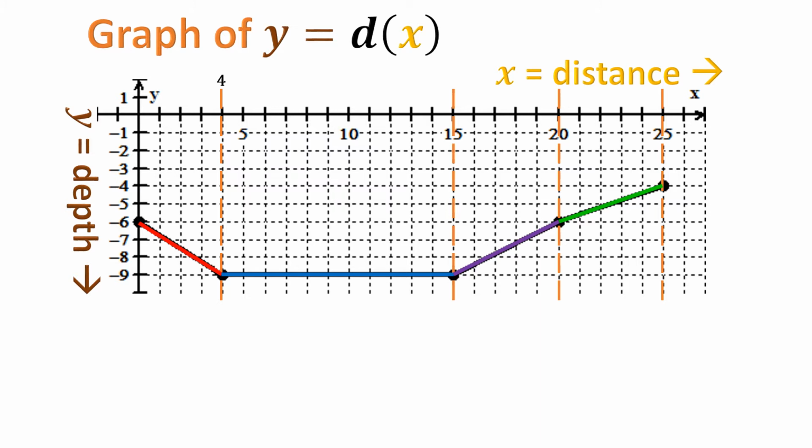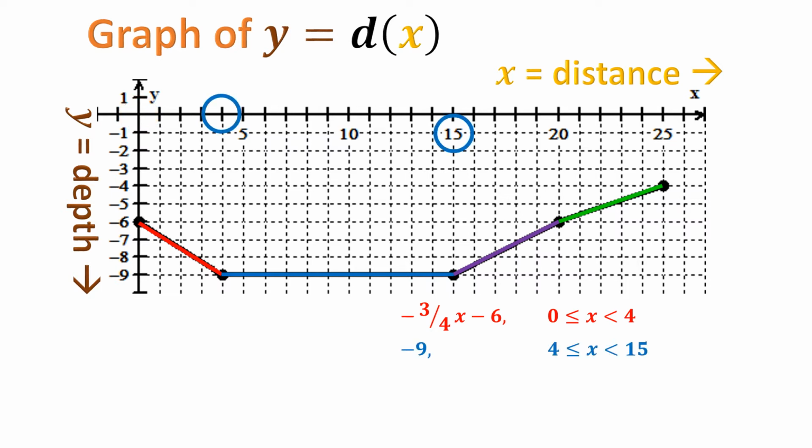So now we can assemble these four pieces into a piecewise function. We know that the red section, which goes between 0 and 4 feet, has the formula -3/4 x minus 6, but that's only good for values of x from 0 to 4, including 0. Take a look at the second section.